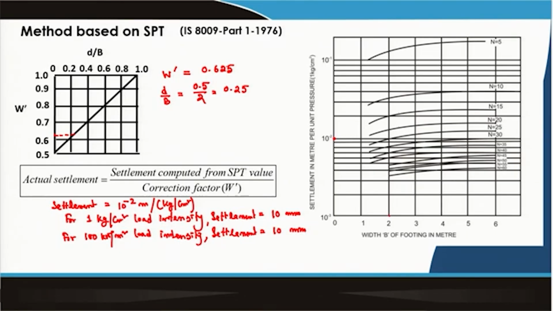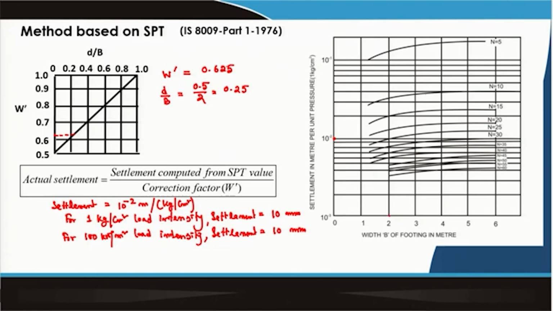But here it is not 0.5, it is 0.625. So, that means if you are very sure about the position of the water table, then you use that position of the water table. But if you are not sure, then when you design any foundation, you consider the worst condition. That means you consider your water table effect is at the base of the foundation for this case, or at the surface, because at the surface you will get the worst condition for the water table position.